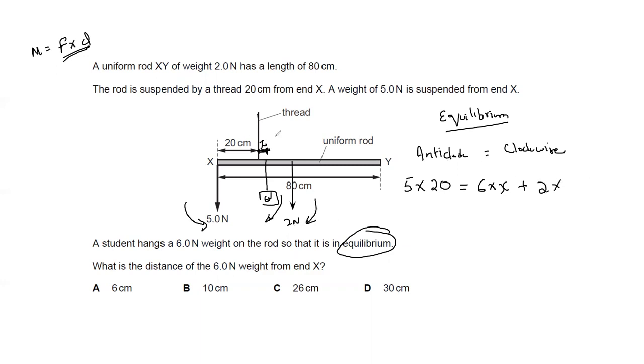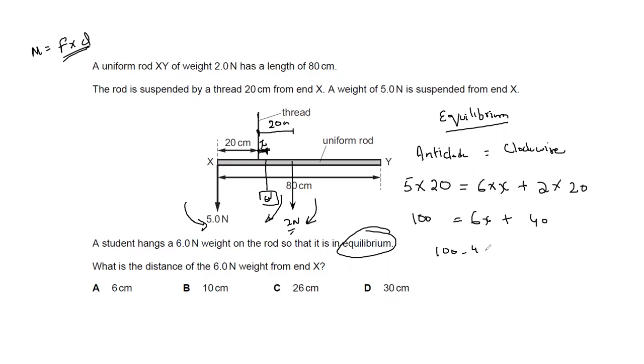And what is the distance between the 2 Newton force and the thread? That is equal to 20 centimeter. So 2 multiplied by 20. So 5 multiplied by 20, that's equal to 100 equals 6x plus 2 multiplied by 20, that's equal to 40. 40 is added here, on the other side it will be subtracted.